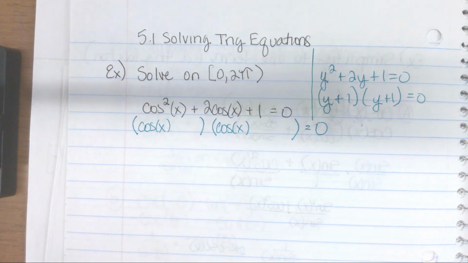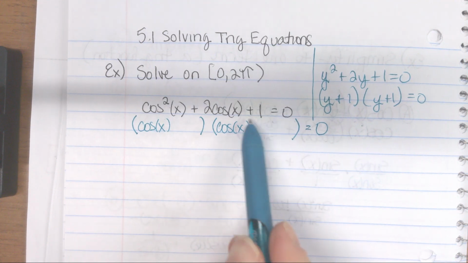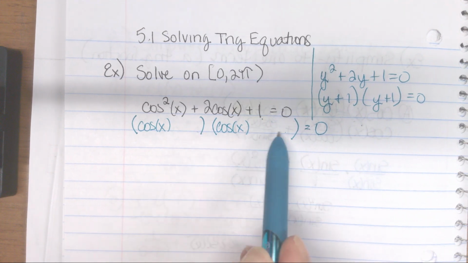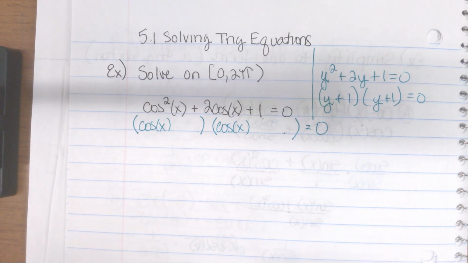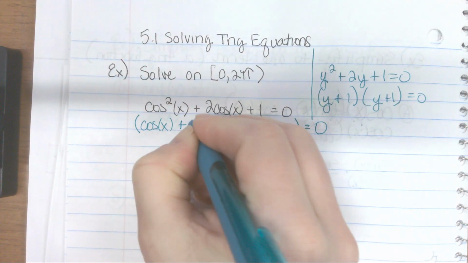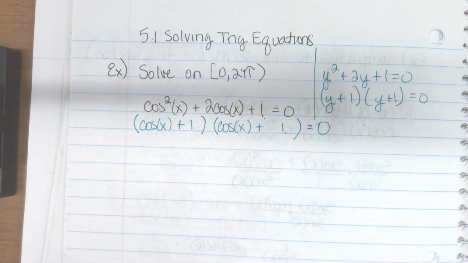That's how I would get a cosine squared. Let's go to the last term, this plus 1. What would need to go in these last spots to multiply to be 1? 1. And since this is a plus 2, it would have to be plus 1 and plus 1. Whereas if it was a minus 2, it would be -1, -1.